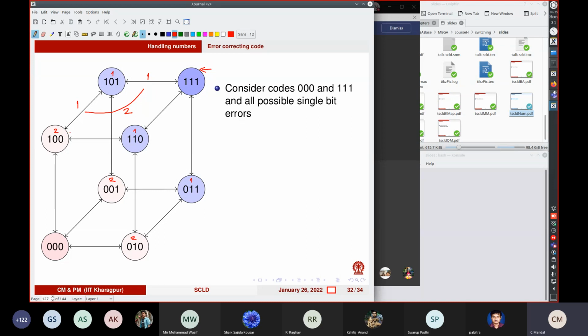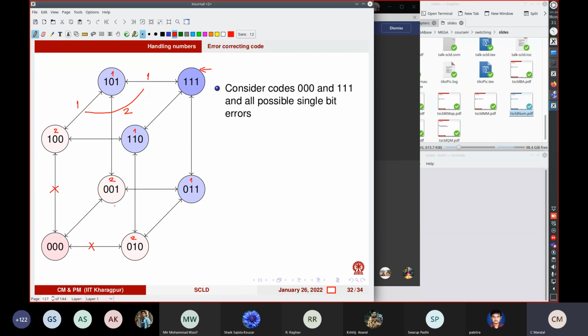Now consider another code. There again you will have a symmetric situation. On the other side you will have a distance of 2, and you want to have a separation of 1 always.